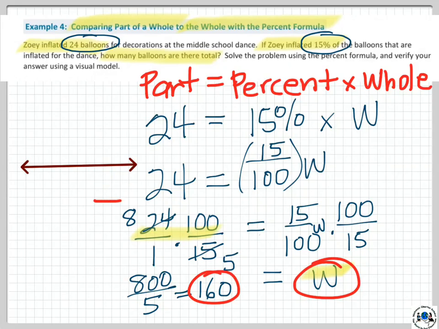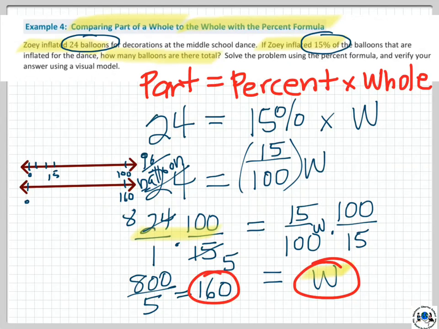Now we can look at this visually. Two number lines, setting them up, percentages on the top. Here's my percentage line, and then here is my balloon line right there. Hope that's not too messy to understand.